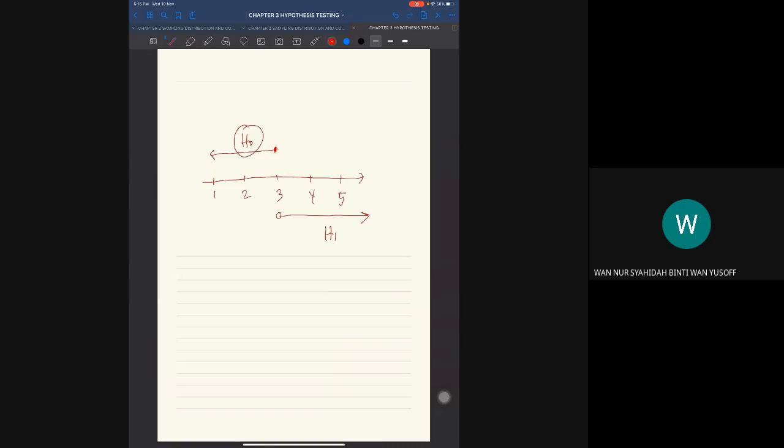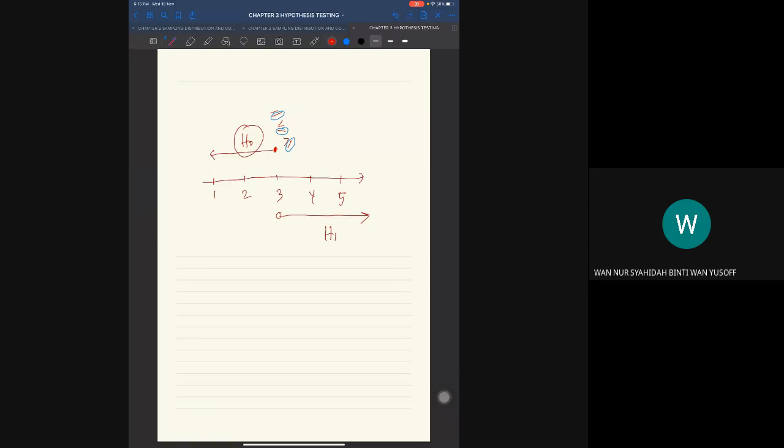It will be either equal, less than or equal, or greater than or equal. Whenever you have an equal sign, that statement is H null. That's how we differentiate.